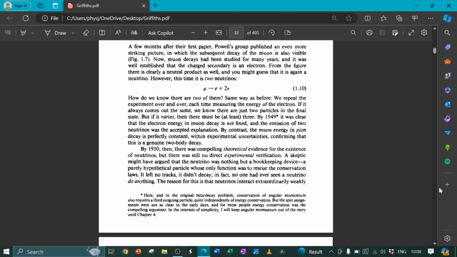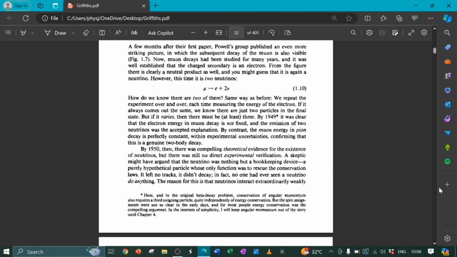A skeptic might have argued that the neutrino was nothing but a bookkeeping device, a purely hypothetical particle whose only function was to rescue the conservation laws.